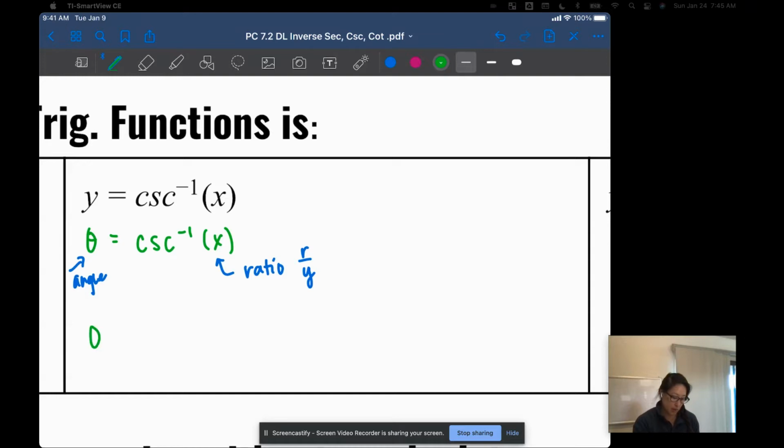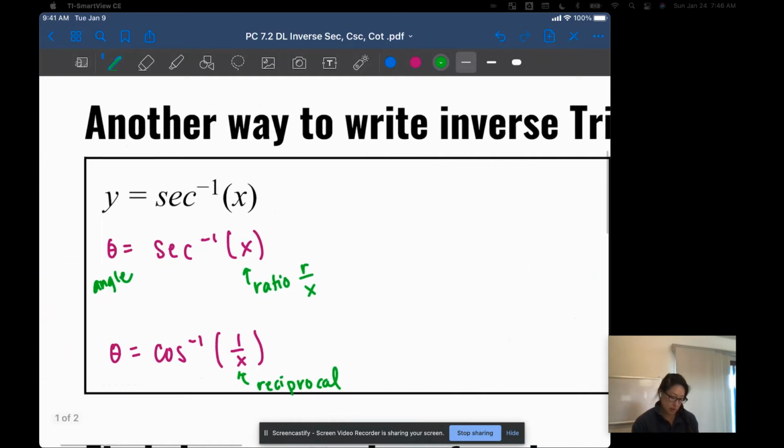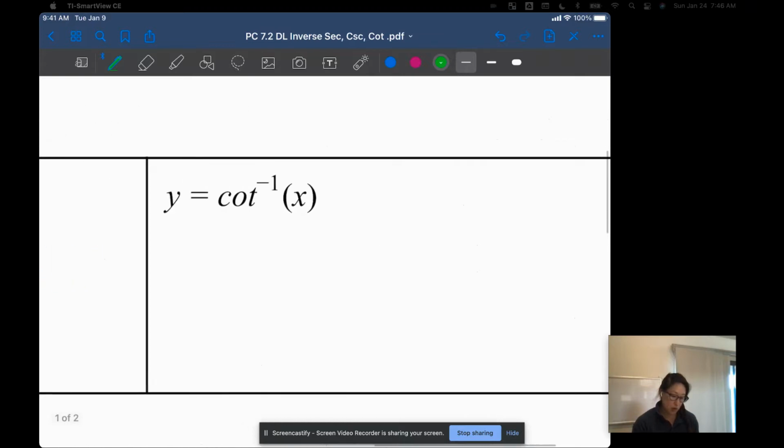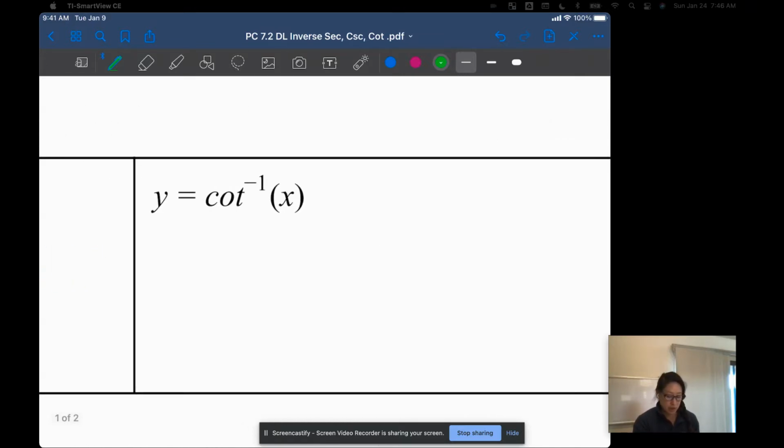So another way we can write this is sine inverse of 1 over x. So we're reciprocating the value inside the parentheses. Did I do this right? Yes, okay.